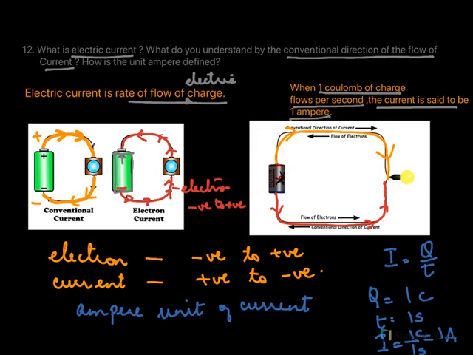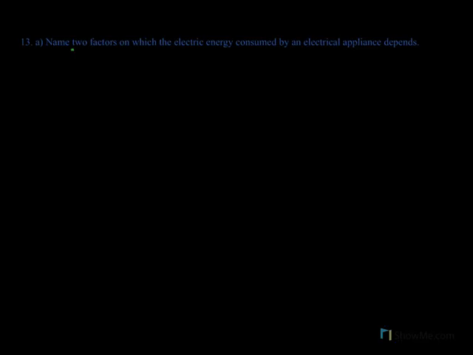So to repeat again, the flow of electrons is always opposite to the flow of current. Name 2 factors on which electrical energy consumed by an electrical appliance depends. We know electrical energy consumed is power into time.